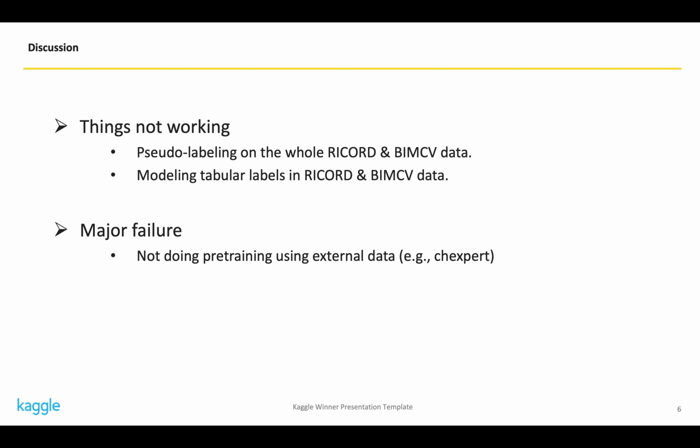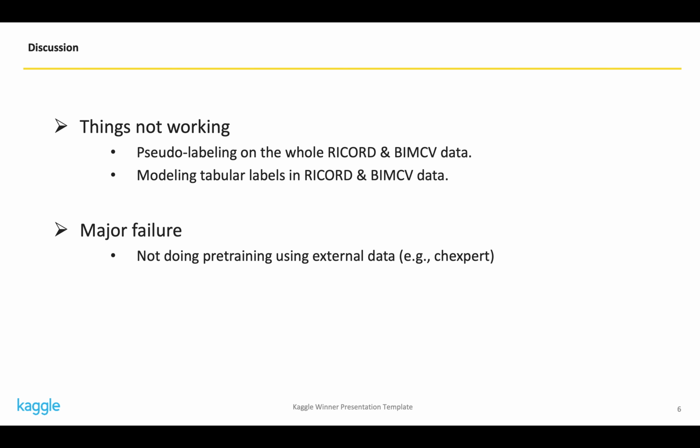So this is our whole pipeline, and here I would like to talk about something that did not work well. The first thing is pseudo labeling on the RICORD and BIMCV data. Actually, it worked for both my local cross validation and the public leaderboard, but surprisingly, it failed on the private leaderboard. This is not expected.